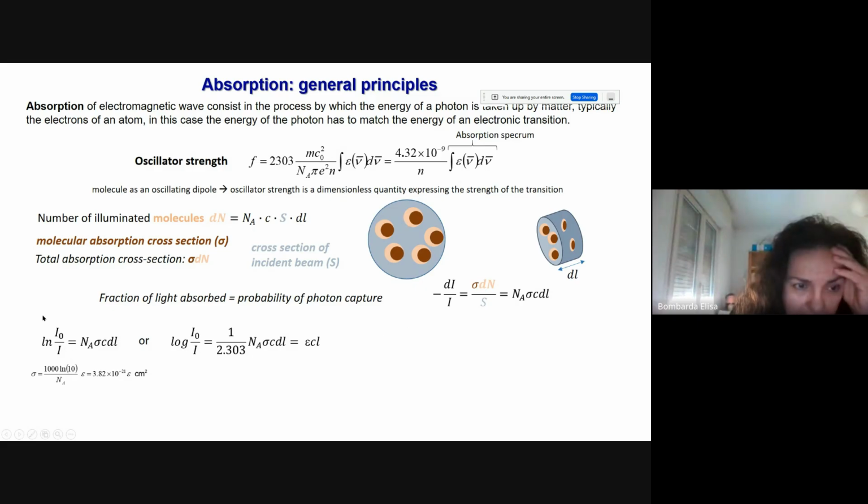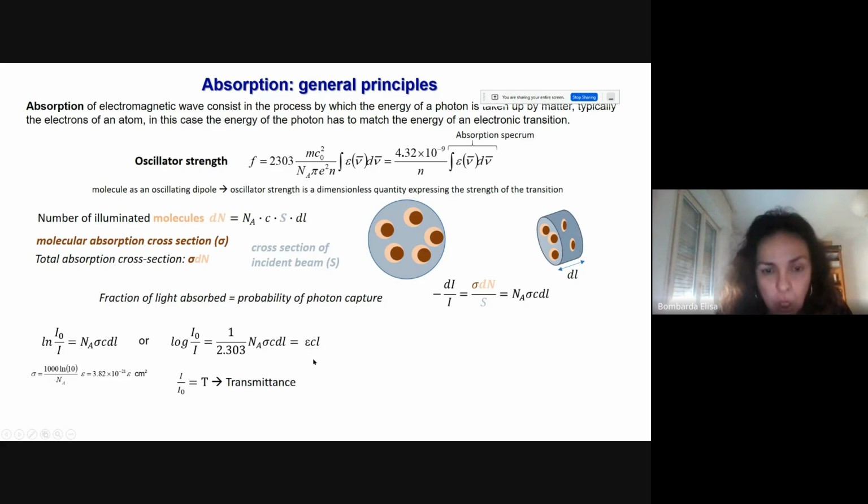And we integrate that, so then we have a logarithm, and then we pass to a decimal logarithm. That is the mathematical result, and we join some of these parameters in this parameter epsilon, which is actually what we call the extinction coefficient, which we practically use every day in the lab.